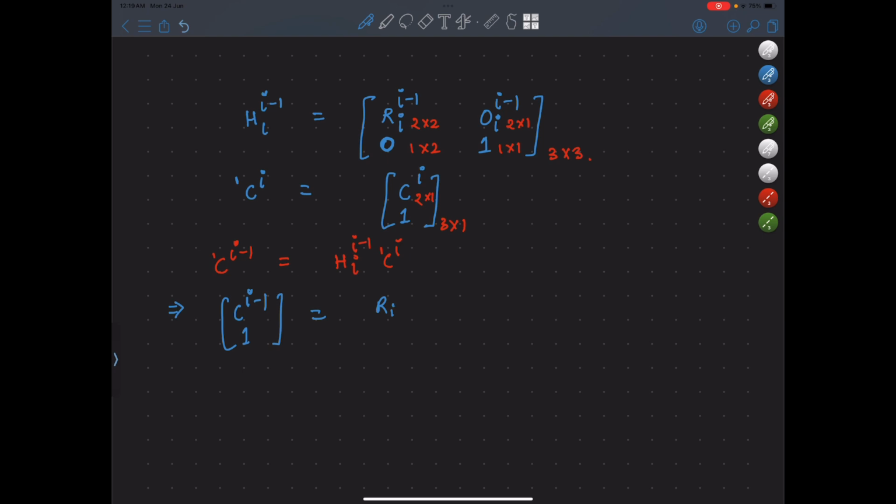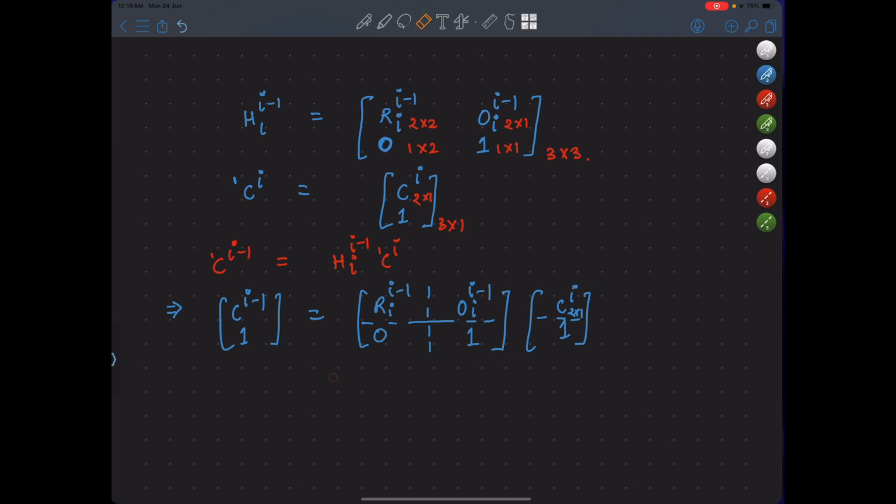So C i minus 1 equals R i minus 1 i, O i minus 1 i, 0 1, and Ci 1. You can also see, because this is 2 cross 2, this is 2 cross 1, and this is the third column, you can use it as block matrices and multiply as block matrices.